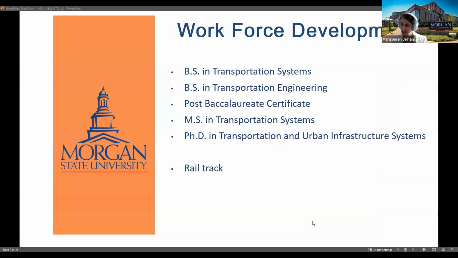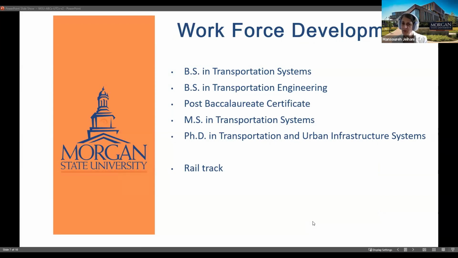In our education, as Larry said, in the center, we don't have a department or educational program, but we have a civil engineering department and also a transportation department working with us. And because of these UTCs that we have had, our educational divisions have expanded.